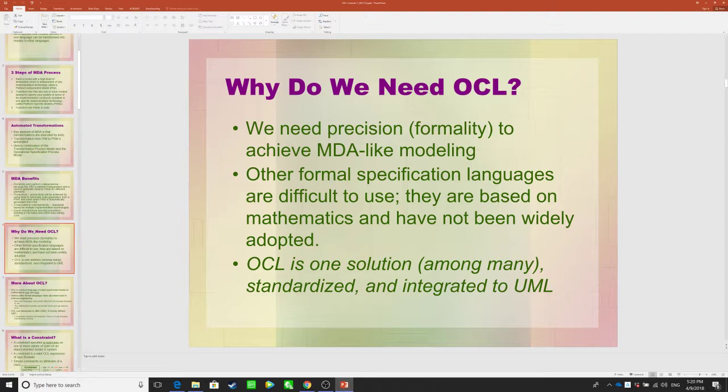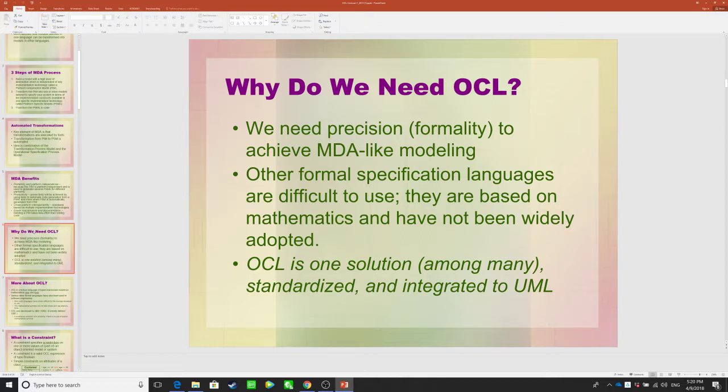So, the relationship between OCL and MDA. MDA is maybe the idea, the thought that we want to do this implementation of the system automatically. And when we are doing the model-driven approach, we have other details, like it's cross-platform, platform independent, and can be transferred from one platform to another.